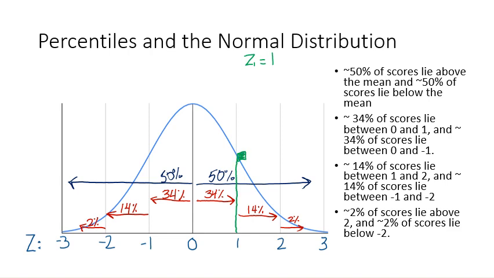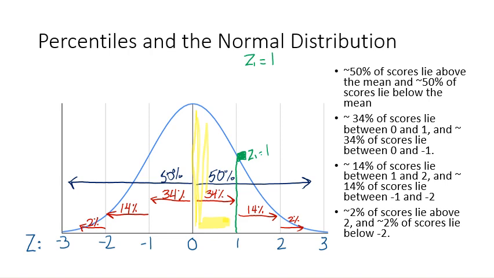And so if we wanted to know how many people or what proportion of people she surpassed in terms of her score, we can simply count up the proportions that are below her. So we would have to count up the proportion of the values that are in this region of the distribution. And we know that that's 34%.